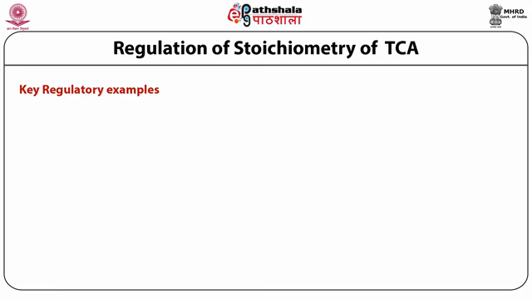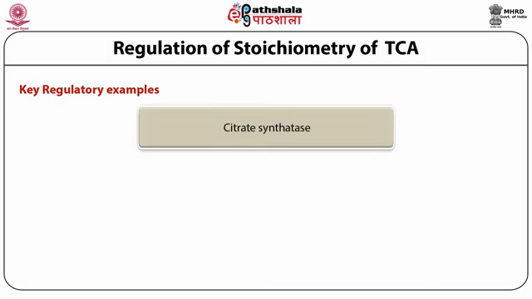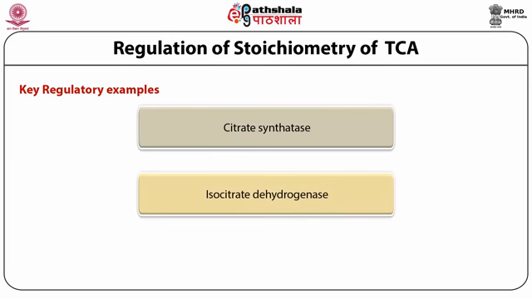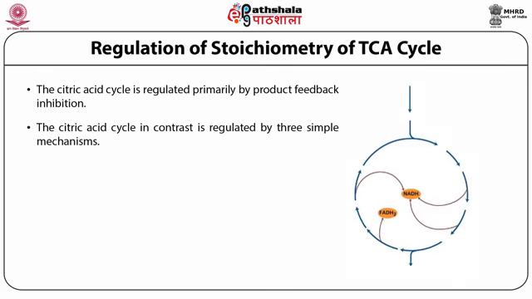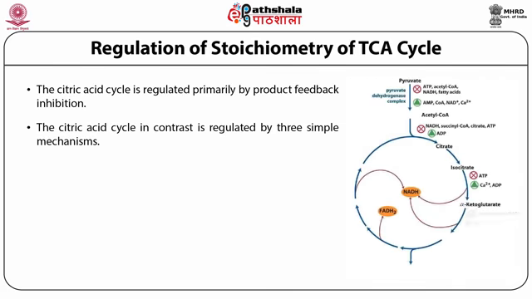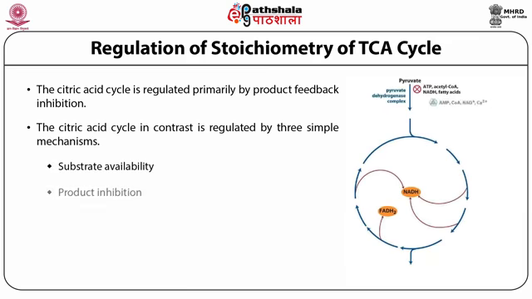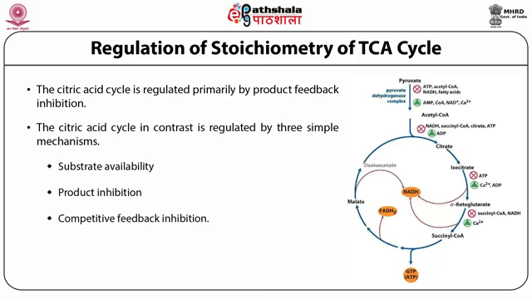These three reactions of the cycle, citrate synthetase, isocitrate dehydrogenase, and alpha-ketoglutarate dehydrogenase, operate with large negative free energy changes under the concentrations of product and reactant in the matrix of the mitochondria. The TCA cycle is regulated by three simple mechanisms: substrate availability, product inhibition, and competitive feedback inhibition.